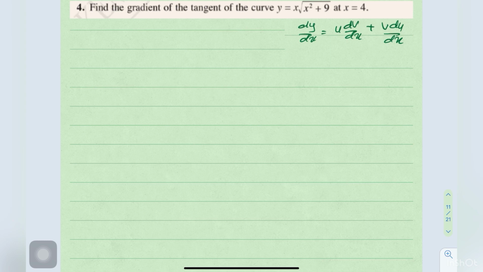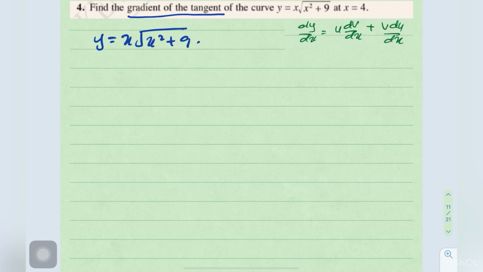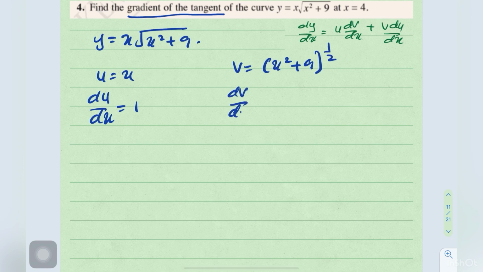Okay, number 4, find the gradient of the tangent. The gradient of the tangent is actually dy/dx. So y equals x square root of x squared plus 9. Then u is x, du/dx is 1. v is (x squared plus 9) to the power of 1 over 2. dv/dx is 1 over 2 times (x squared plus 9) to the power of negative 1 over 2, times the derivative of the bracket, 2x.